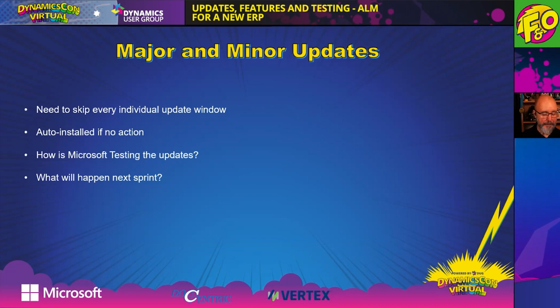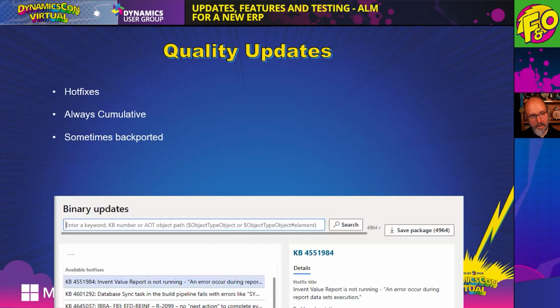So outside of the major and minor updates, we also have quality updates, and those are released multiple times every day actually. So these are hotfixes for every single issue that Microsoft finds with the version that you're running right now.